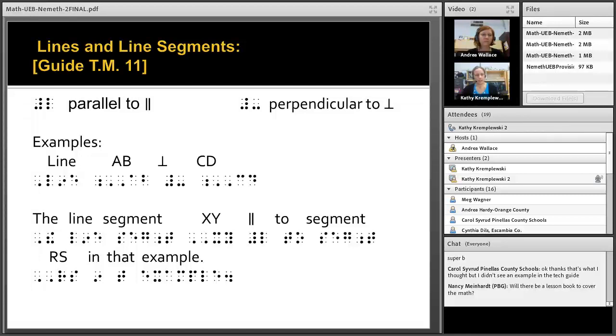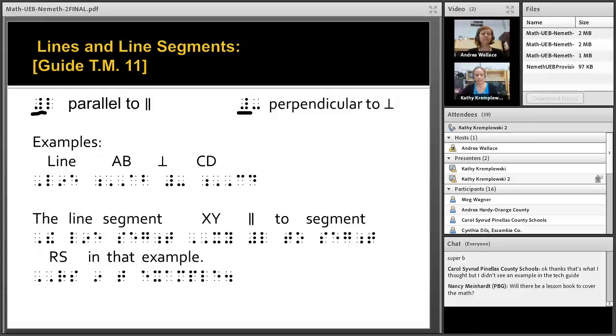Then there's parallel and perpendicular. Notice that they both have the same prefix, the numeric indicator, and it's just the root that changed. So examples, line AB is perpendicular to CD. Notice you need the grade 1 symbol indicator with AB, so it's not read as about, and same thing with CD, so it's not read as could. Remember that with your short forms and letters.